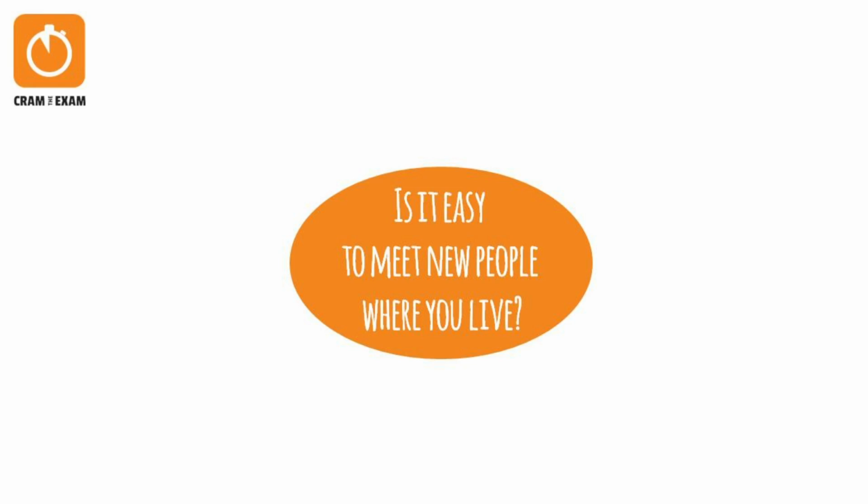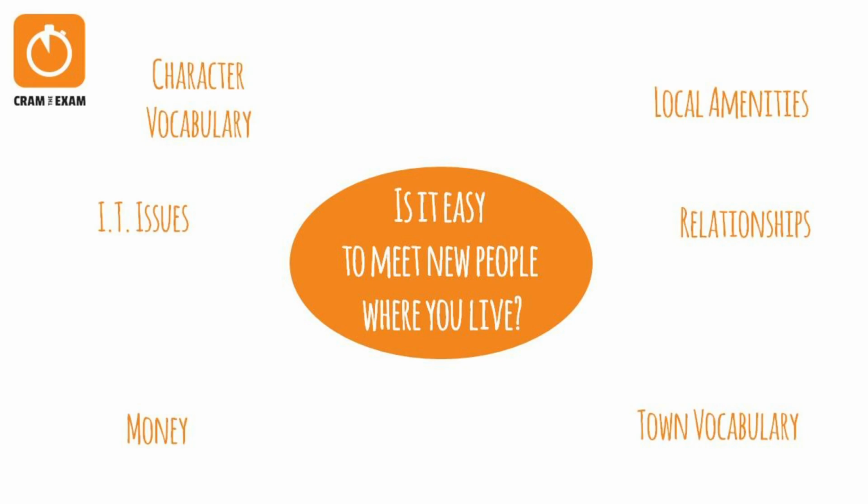Which gives you two sets of vocabulary to think about. One, meeting new people, and secondly, where you live. So straight away, that gives you lots of different areas that you can show off your vocabulary skills. Whether it's character vocabulary, vocabulary about local amenities, vocabulary about IT issues, vocabulary about relationships, vocabulary about money, and of course, town vocabulary and prepositions.